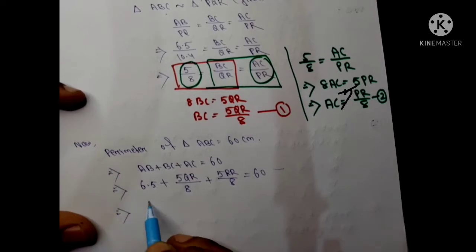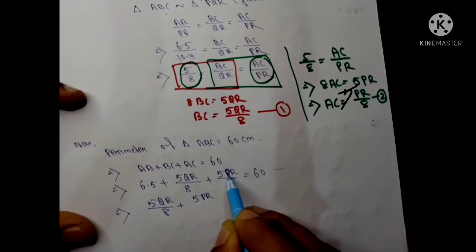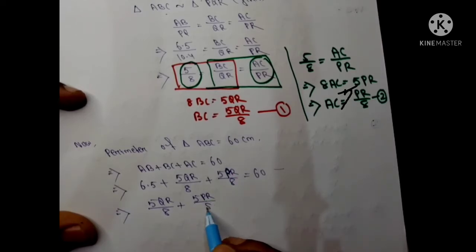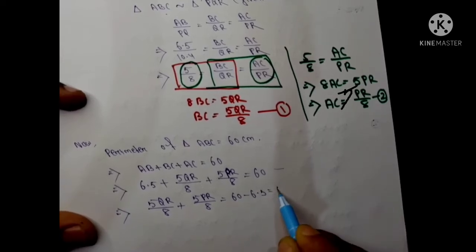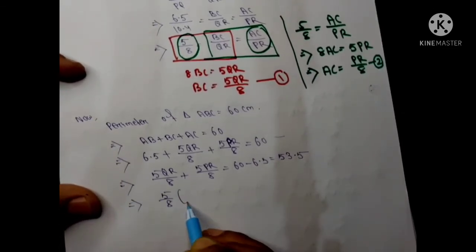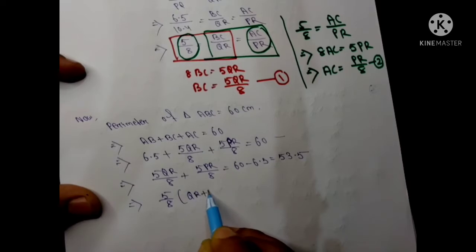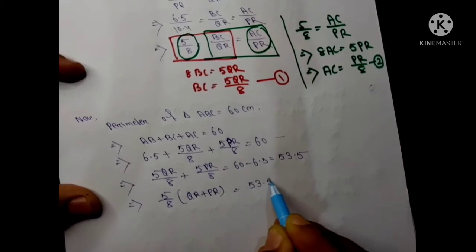That implies that 5QR by 8 plus 5PR by 8 is equal to 60 minus 6.5, which is equal to 53.5. Now take 5 by 8 as common, then it becomes QR plus PR into 5 by 8 is equal to 53.5.